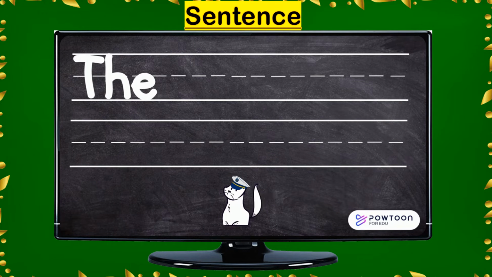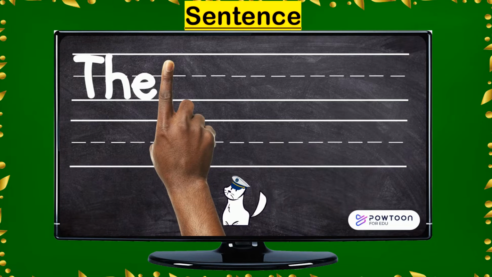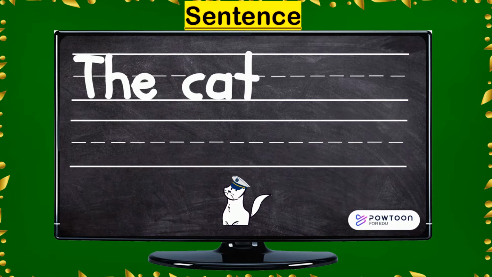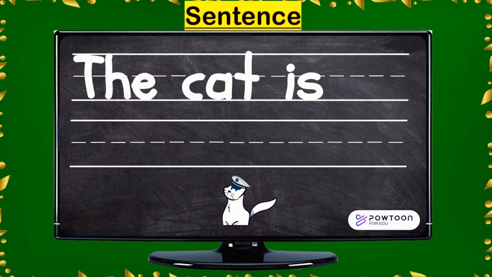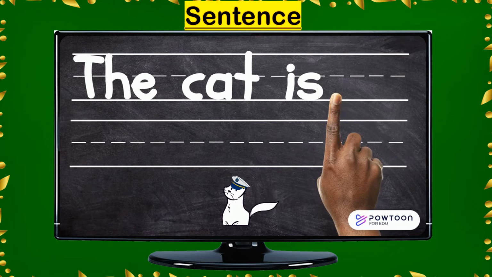Great work! Now we've written our first word, what do we need to do before the next? That's right, a finger space, so the reader can see that it's a new word to read. Cat. Let's sound it out. K-A-T. Cat. Awesome! The cat is. Is. I always read through what I've written so far so I don't miss words. The cat is in.